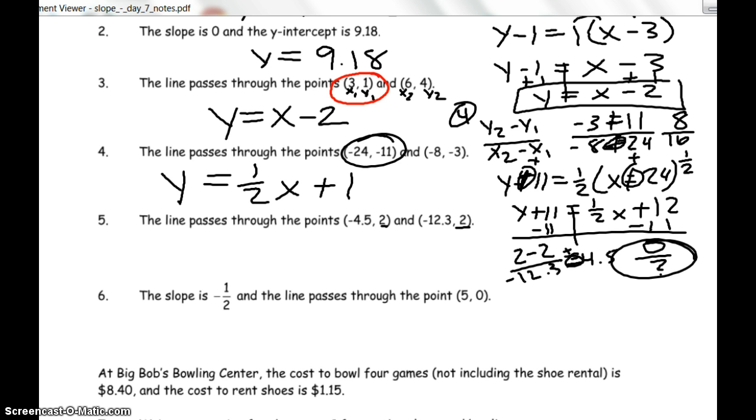But anytime we have 0 divided by something, that tells us that our slope is 0. So at this particular point in time, we know that we have y equals something. The slope is 0. So we can plug that back into an equation. Y minus y1 is negative 4.5.